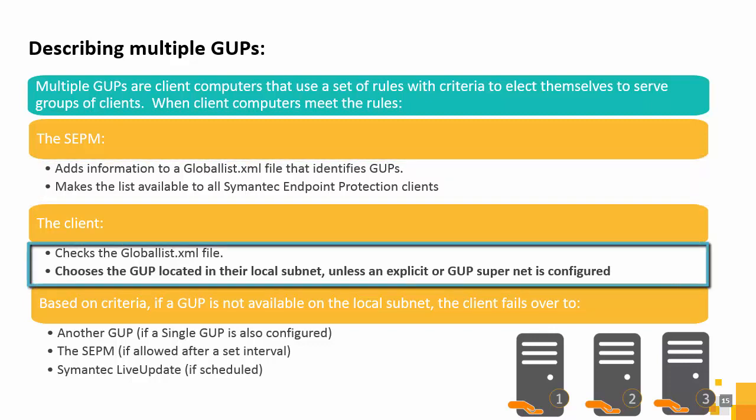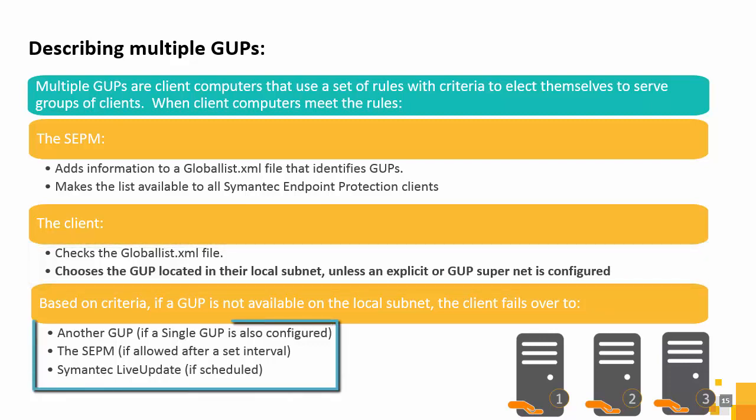The Symantec Endpoint Protection clients check the list and choose a GUP that is located in their local subnet. Based on your specifications, if a GUP is not available on the local subnet and explicit GUPs are not specified, the client fails over to the SEPM or Symantec Live Update server.